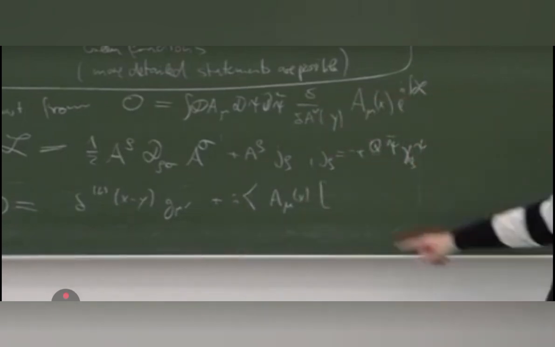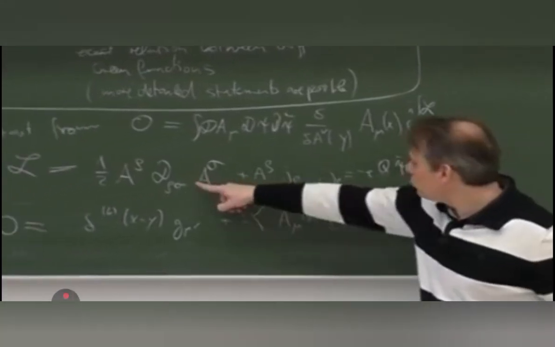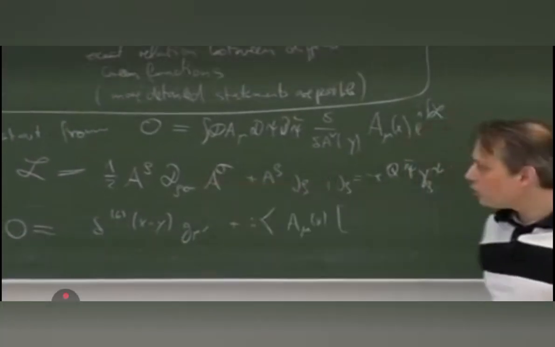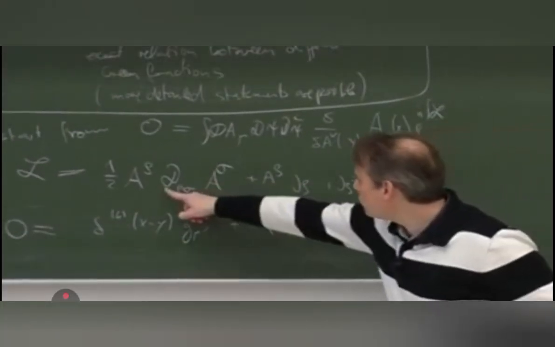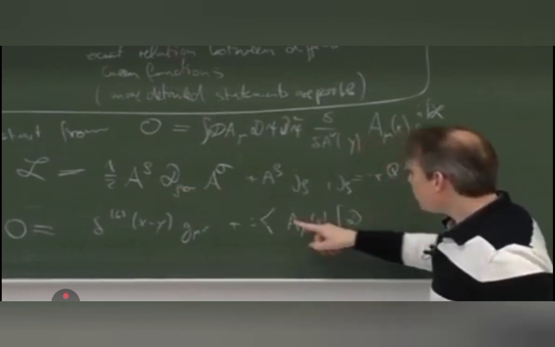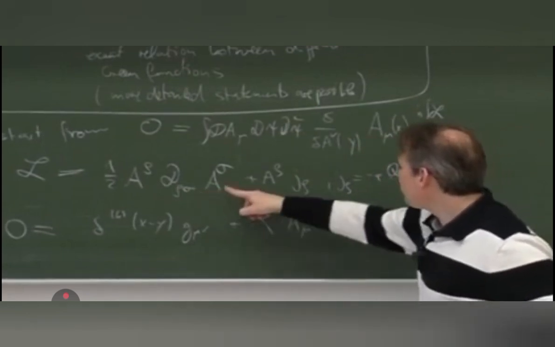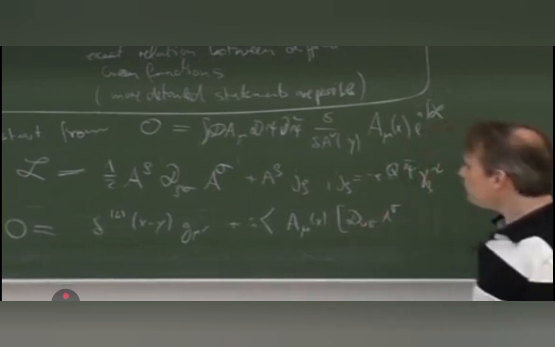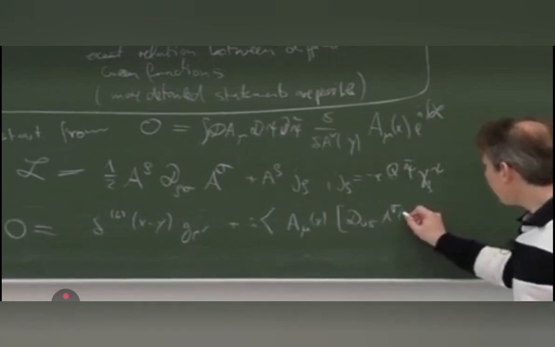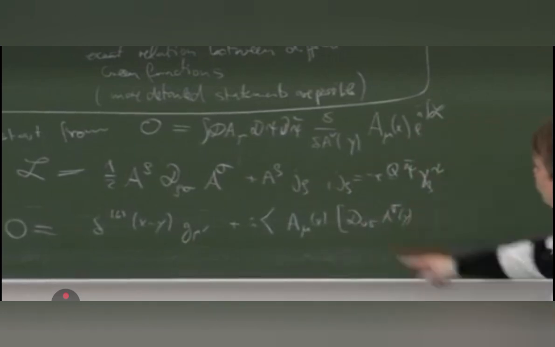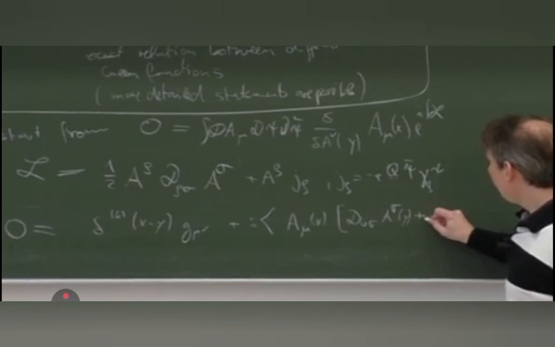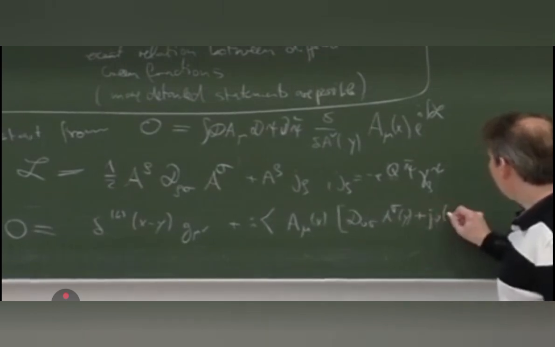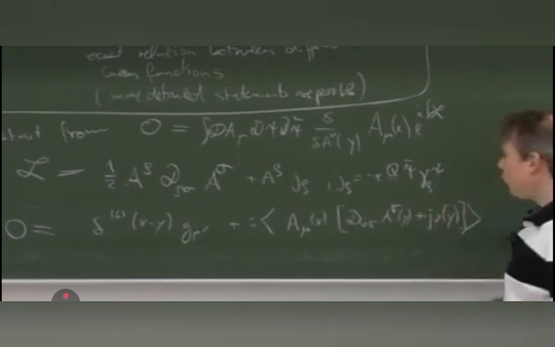What is the equation of motion for A_mu using this formulation of the Lagrangian? Of course, simply differential operator D^{rho sigma} times A_sigma, but with which index? With an open index nu. D_{nu sigma} times A_sigma at position y. Then plus the current j_nu also at position y.